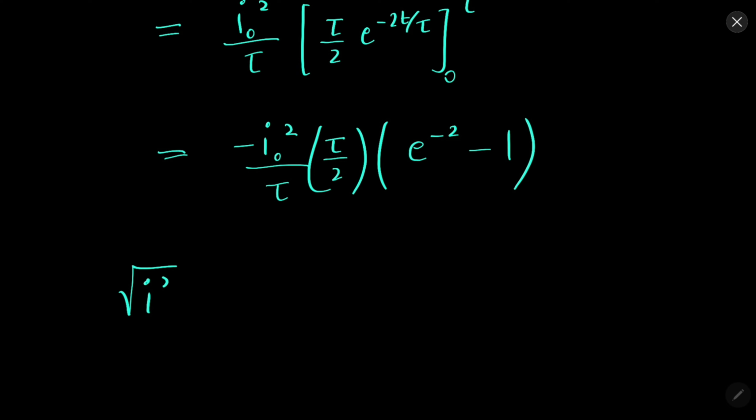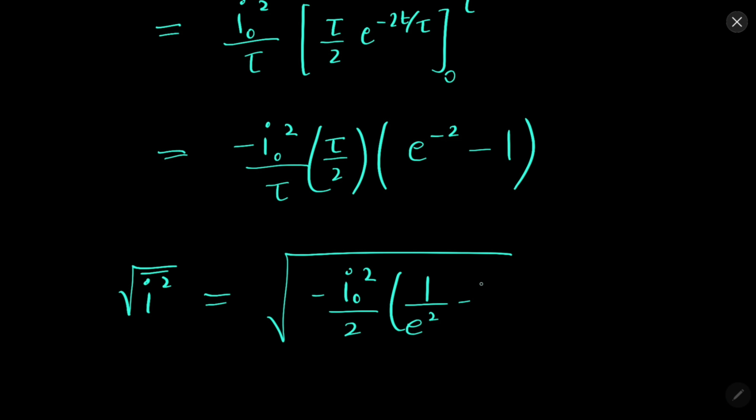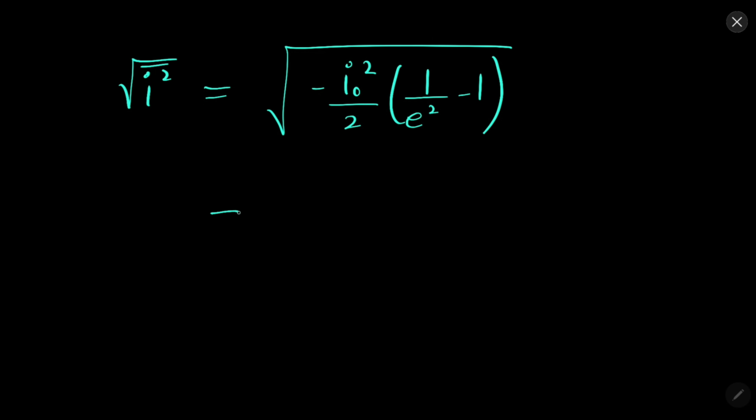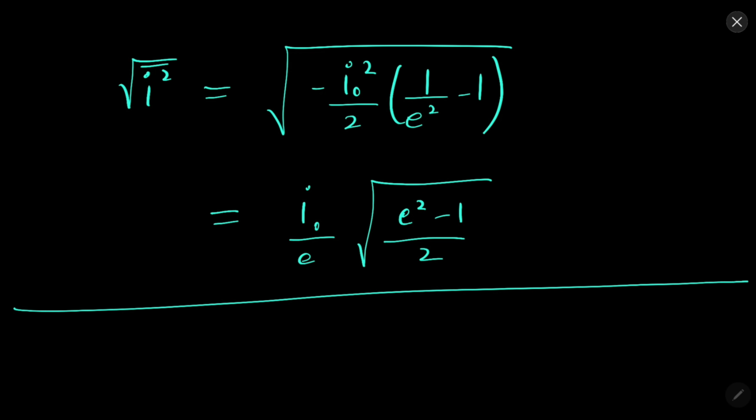Now let's take the square root of this average. So it will give us the RMS value. So root of I0 square over 2 into 1 by e square minus 1. So I0 by root of e square minus 1 over 2. So this will be the RMS value.